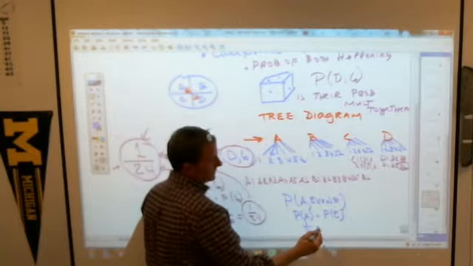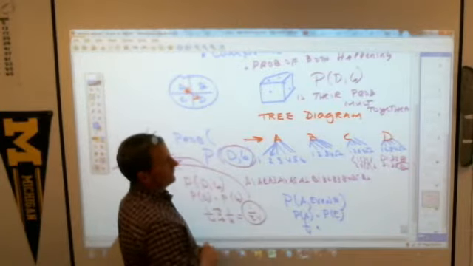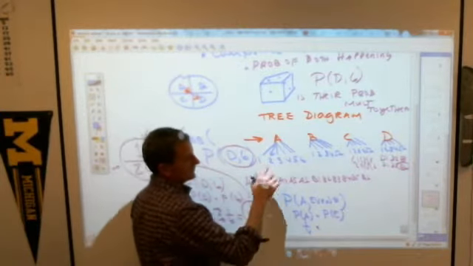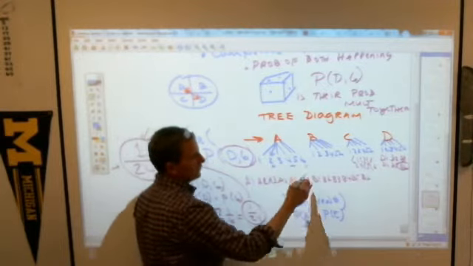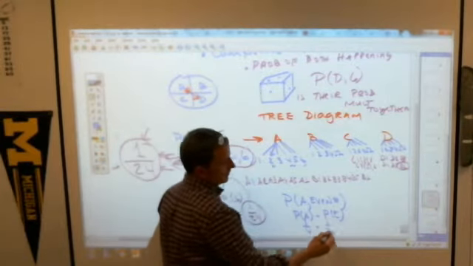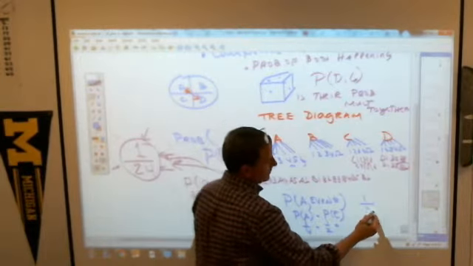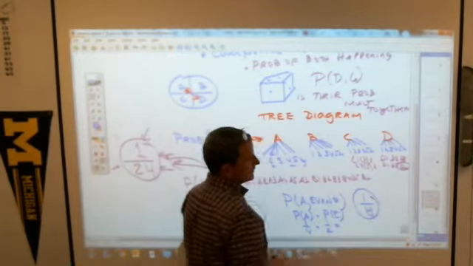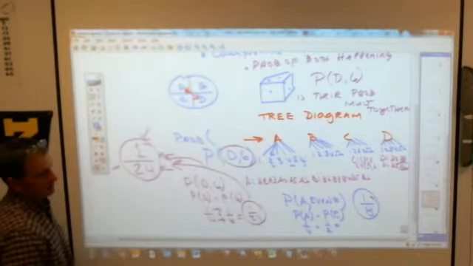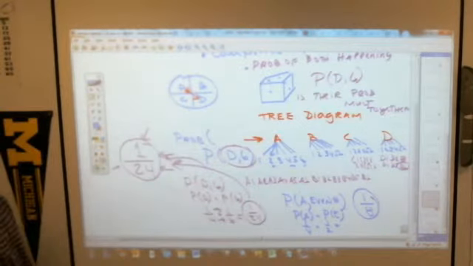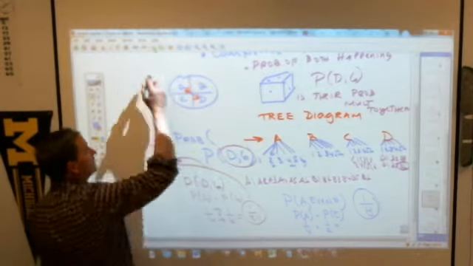If you roll a dice, what's your even numbers? If you get 1, 2, 3, 4, 5, 6, how many even numbers are there? 1, 2, 3, which is 1/2. If you multiply those 2 probabilities together, you get the probability of both happening.